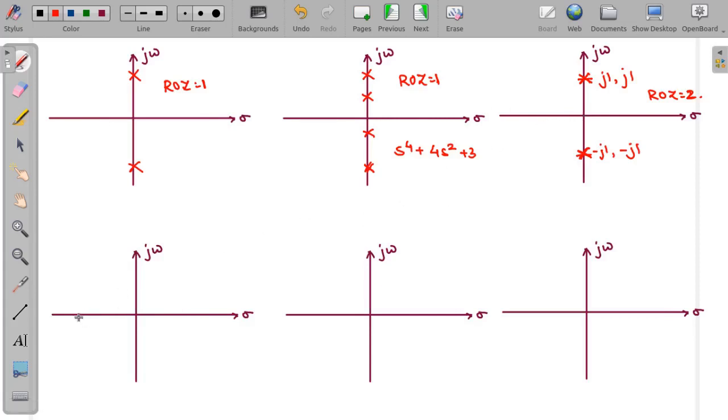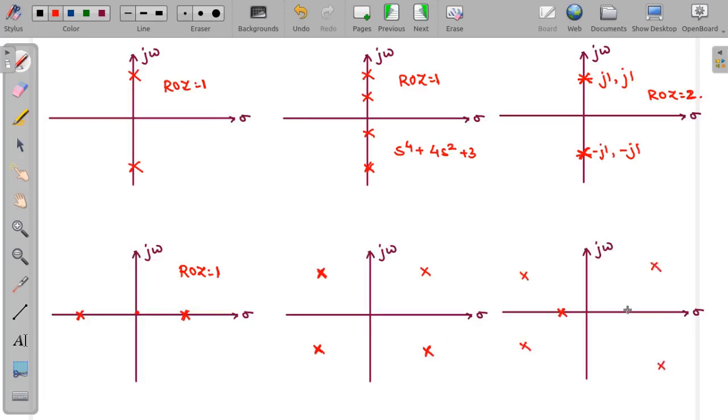But sometimes your pole-zero plot might look like this also. So over here row of 0 is also 1, and you can see this is symmetrical about the origin. So your row of 0 can be like this. Now one more case, it can be like this. Okay, so this is also symmetrical to the origin, and this is unstable, this is not marginally stable. And one more condition, you can have something like this also.